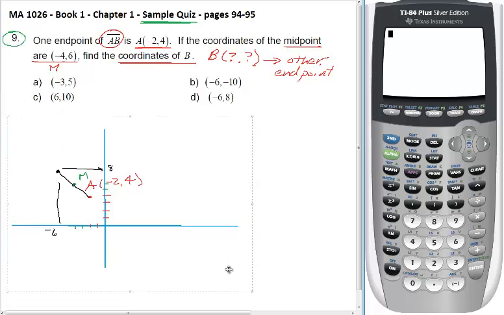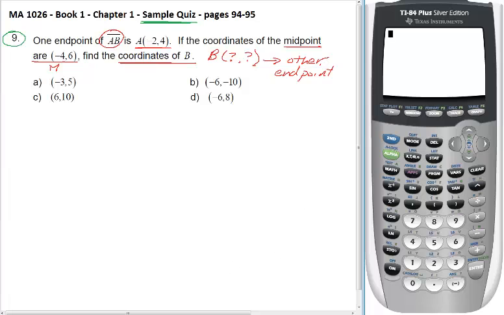However, most people use the formula, and we'll do that. Now we know the midpoint formula, and you should know it. For the midpoint, you add up your two x coordinates, x1 plus x2, and divide by 2, and you add up your two y coordinates and divide by 2, which gives you the y coordinate of the midpoint.